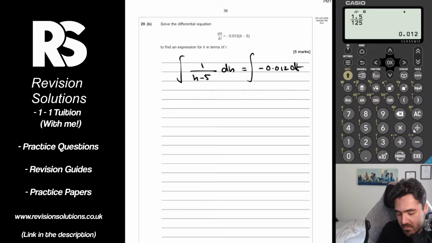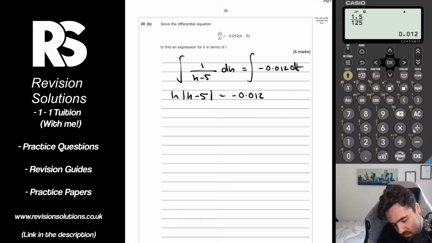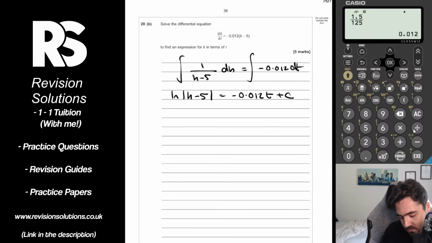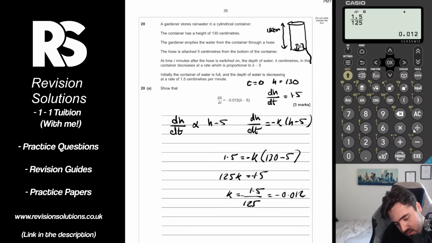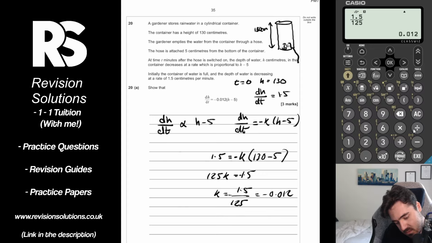So 1 over h minus 5 is going to integrate to just the natural log of the modulus of h minus 5. And that's just a constant, so that's going to go to minus 0.012t plus a constant, and we can find the constant because we had some initial conditions. We knew what h was when t equals 0.